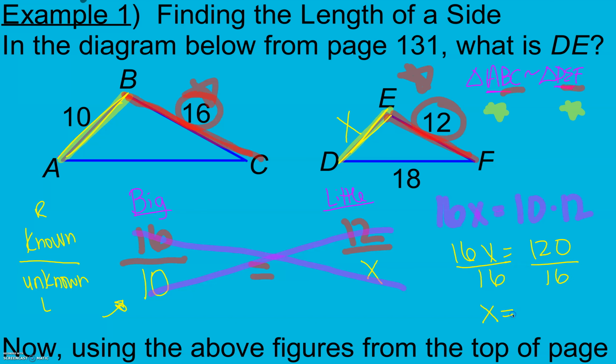And x here is going to be 7.5. Last thing we want to do is check and see, does our answer seem reasonable? Well, 12 is less than 16, and 7.5 is less than 10. And they have a comparable relationship. They're both 3/4 of that length. So it does seem reasonable.